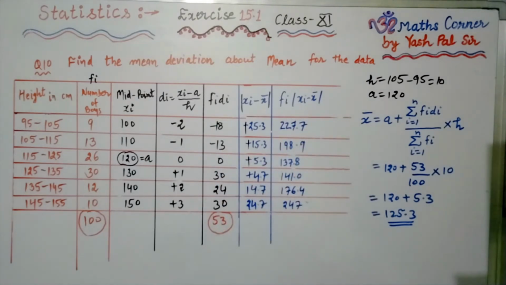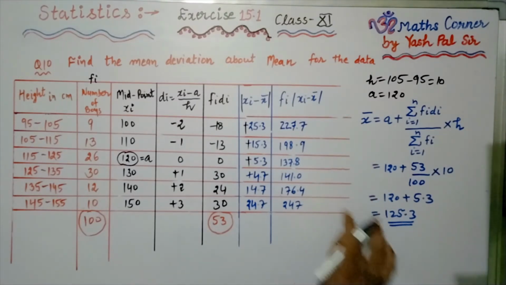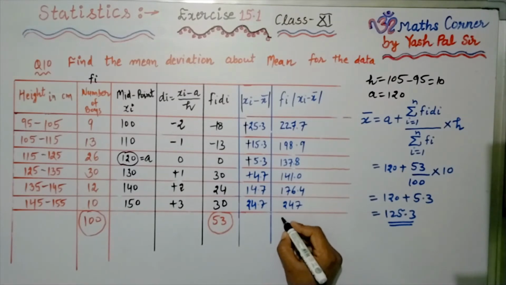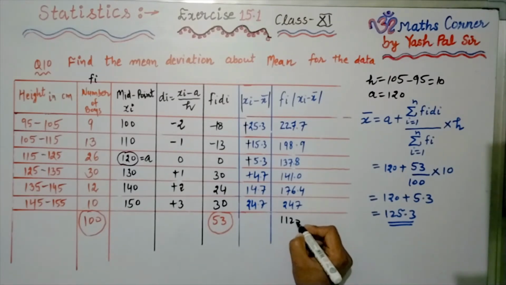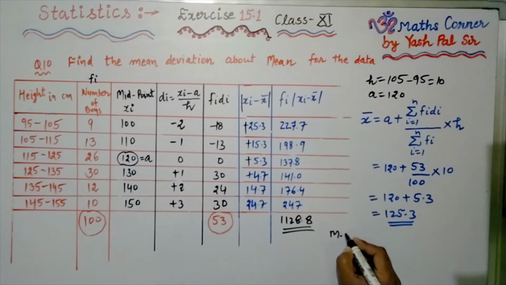So this is the product of fi into modulus of xi minus x bar. Now we find the sum of this column. The sum is 1128.8.